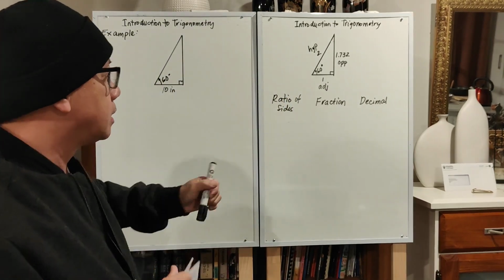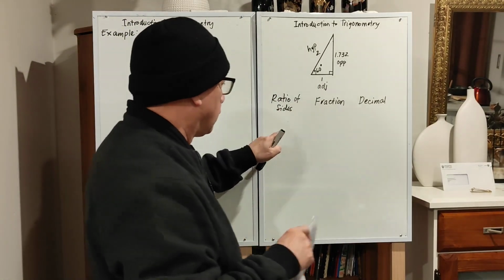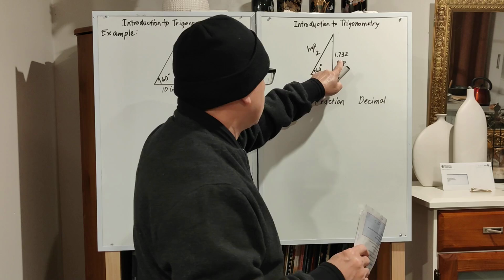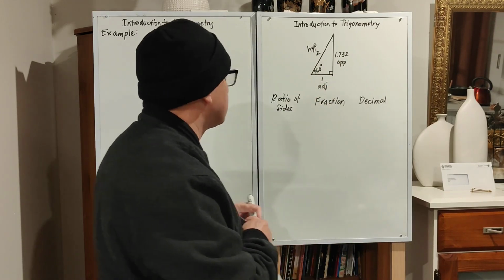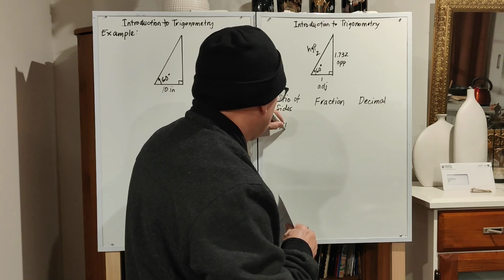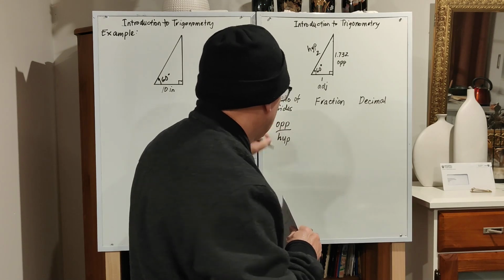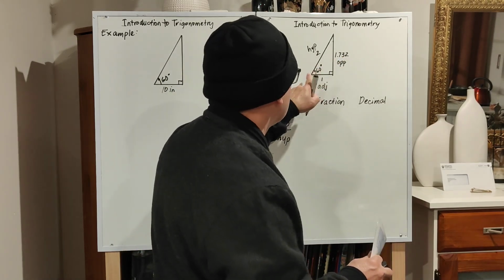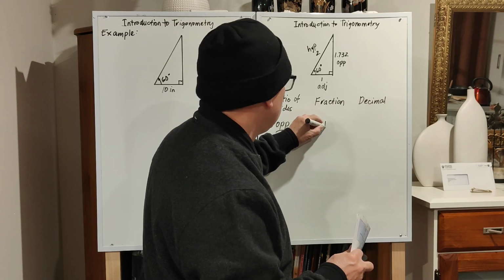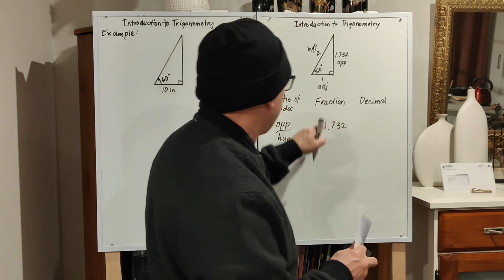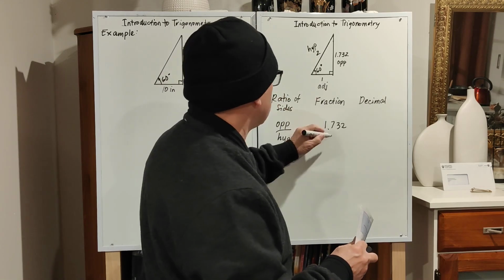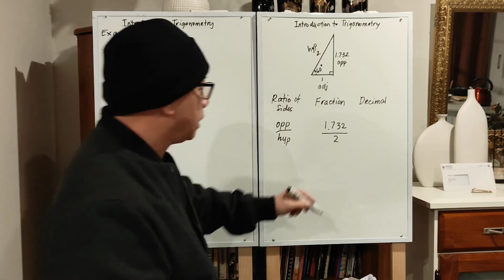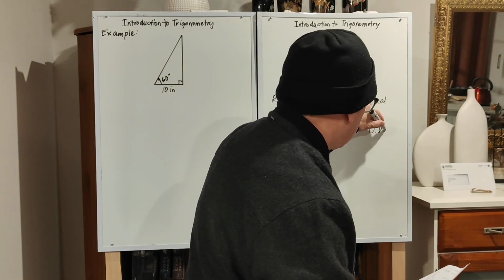Now the ratio of the sides are always equal. So if we compute the ratio of the opposite over the hypotenuse, that ratio is 1.732 over the hypotenuse, which is 2. So your decimal will be 0.866.